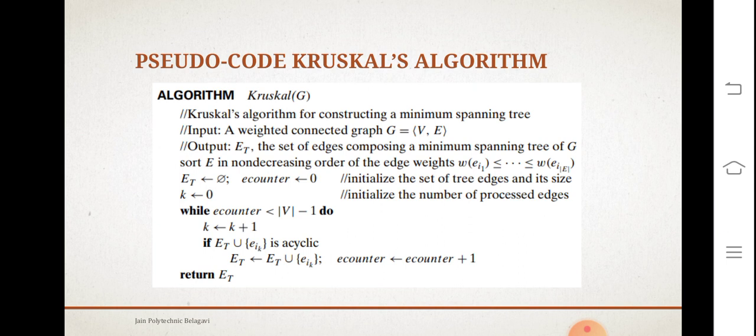Finally we return ET, that is the set of edges composing a minimum spanning tree of the given graph G.